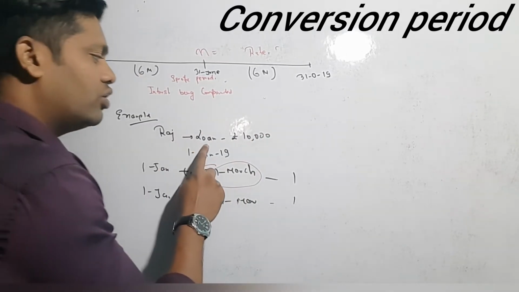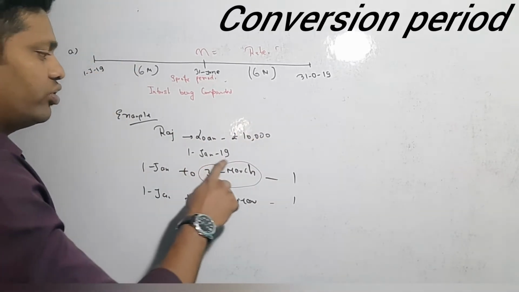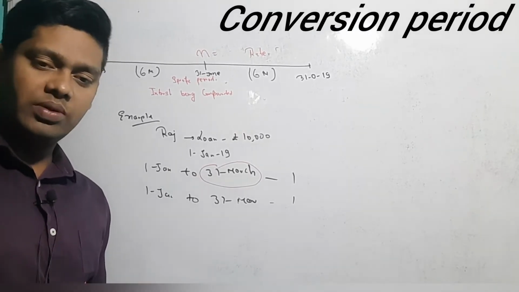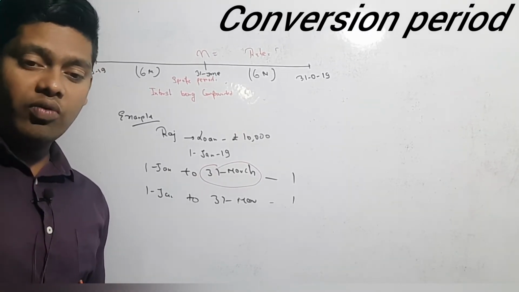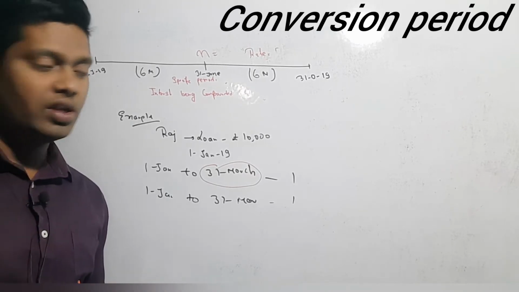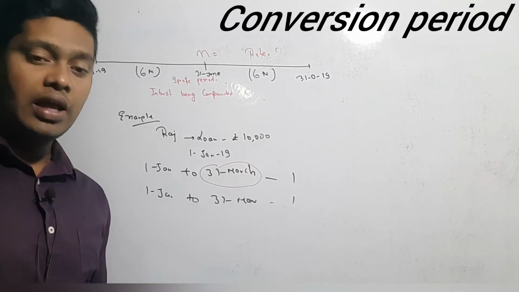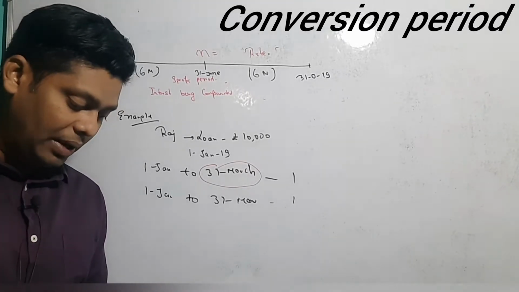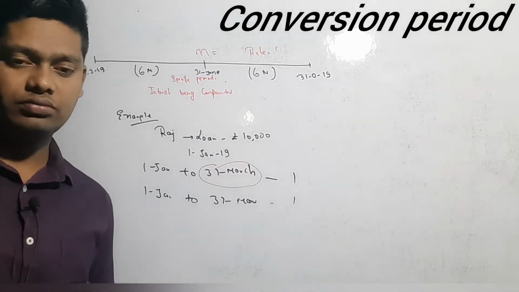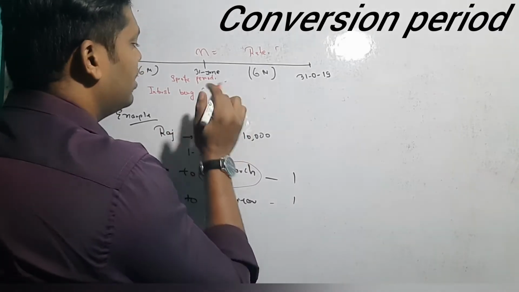Now you see this one. Again Mr. Raj went for a loan for the next year. He took 10,000 on 1st January 2019. He said that I am taking a loan of 10,000. So what are the times where I have to pay you the interest, the dates, and how many times I have to pay. He said that as you are taking 10,000 from me, you will pay me the interest semi-annually or half-yearly.